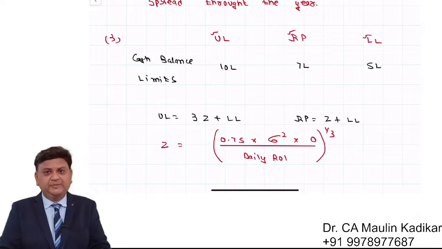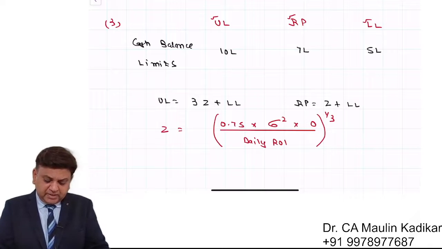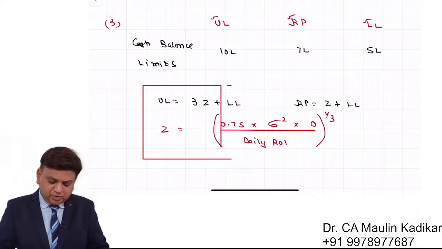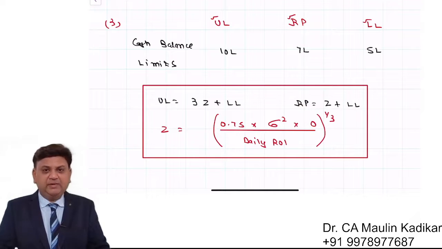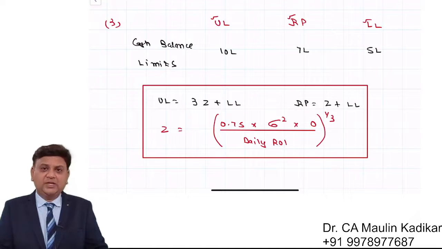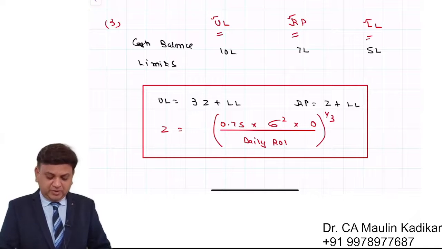But for the time being, they have provided these three types of limits. These limits are calculated by using certain formulas like this. However, we are not supposed to remember these formulas, because they are not included in our curriculum. This is the upper limit, this is the return point, and this is the lower limit.